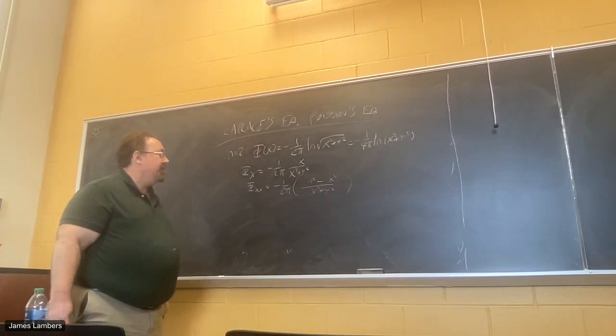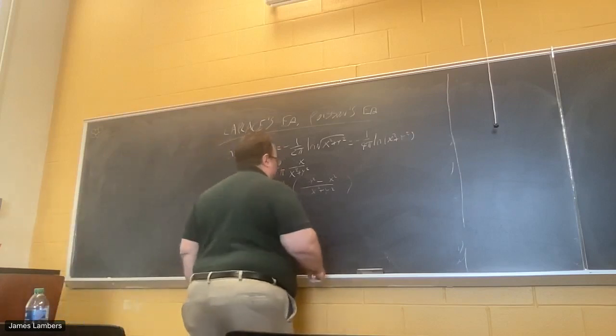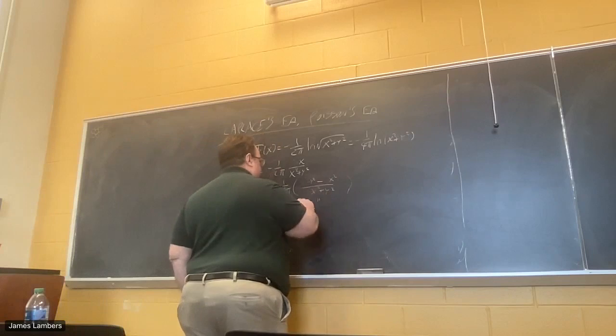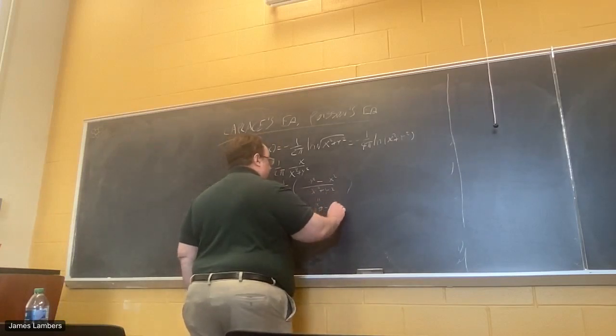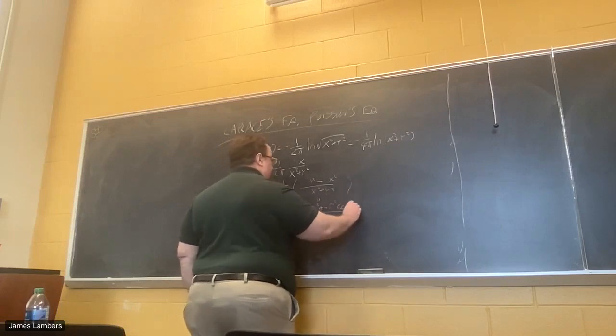If I write these in polar coordinates, that's r squared sine squared theta minus r squared cosine squared theta, all over r squared.